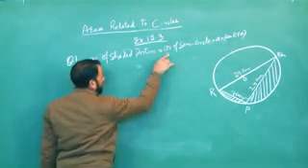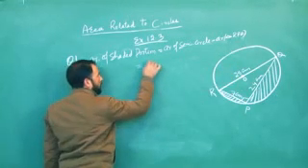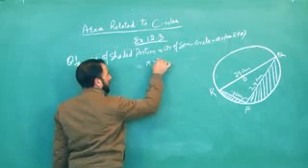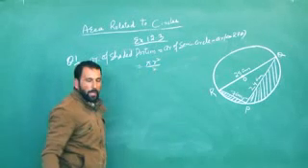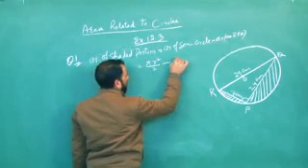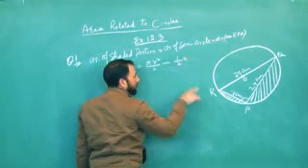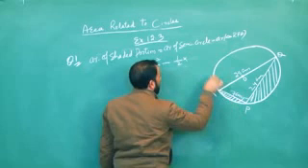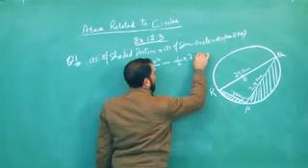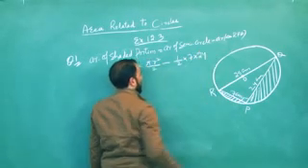Area of a semicircle is pi r square divided by 2 minus 1/2 of base into altitude. The base is 7 and the altitude is 24.